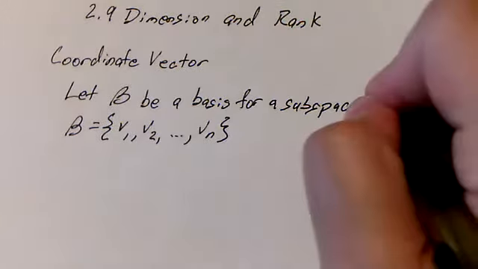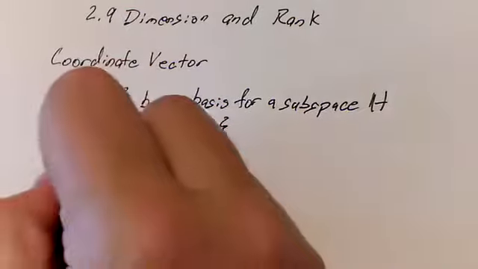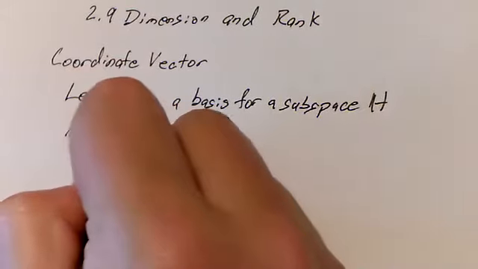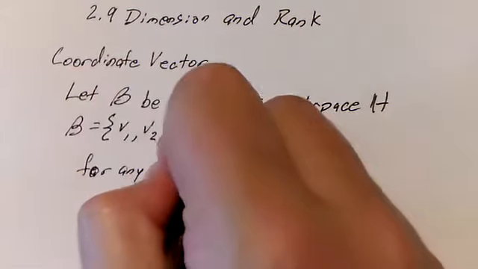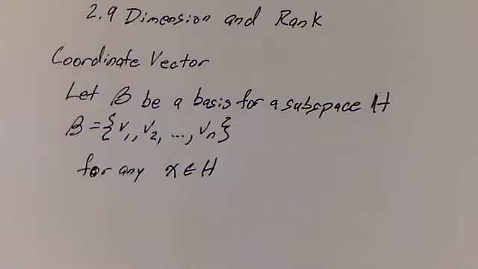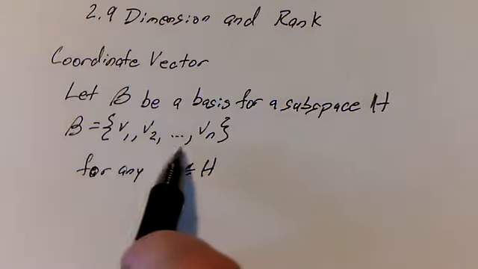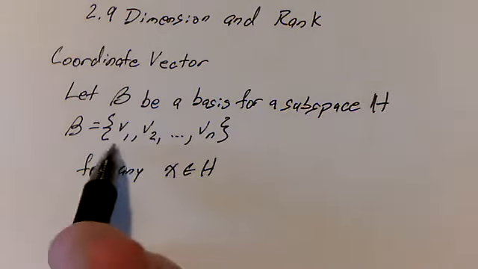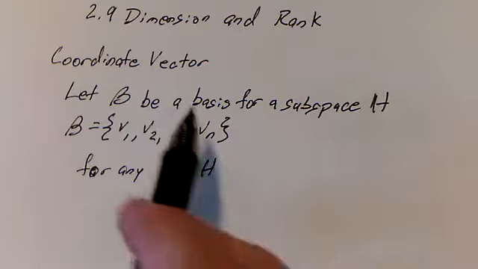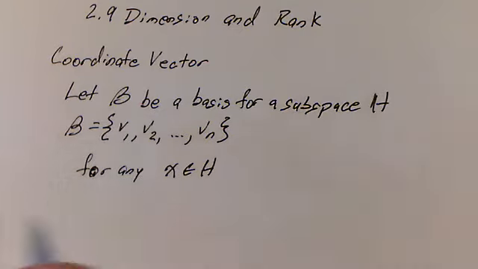I can establish then that any vector in H, so for any x that's in the subspace H, has to be a linear combination of these vectors because these vectors form a basis. That's what it means to be a basis: they're independent and they span.